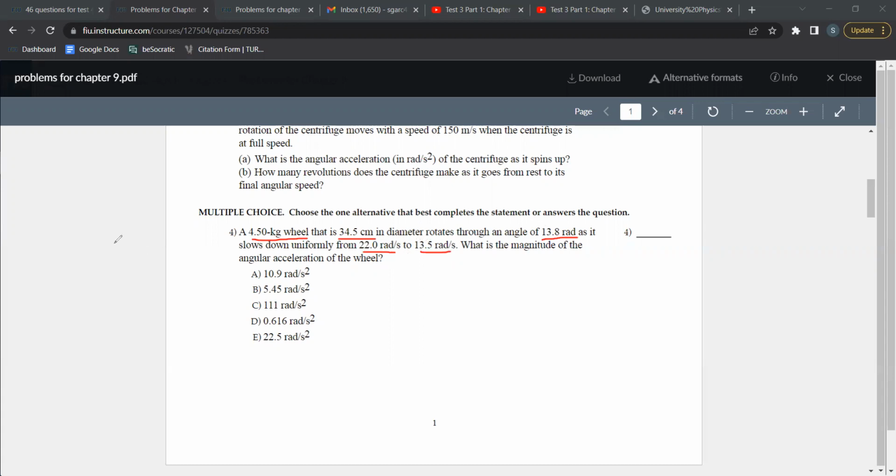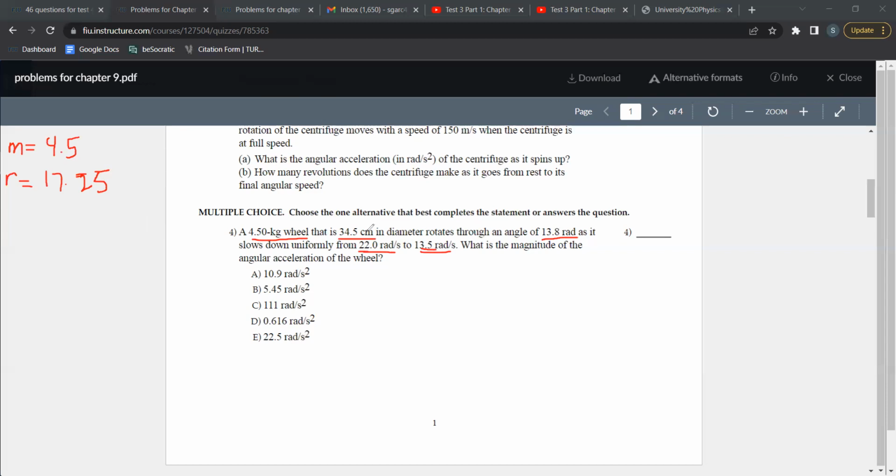Okay, so this gives us a few things. If I come right over here, it gives us our mass, which is going to be 4.5 kilograms. I'm going to skip writing units. You know what units are what. Our radius is going to be 17.25, and we get that from getting the average between 22 and 13.5.